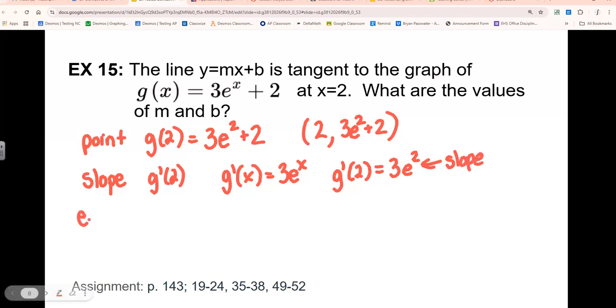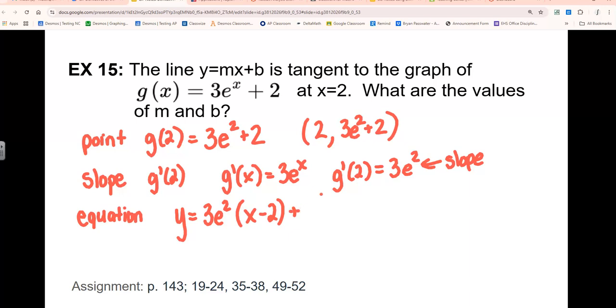So then we can write our equation. It's so ugly. I don't like it, but it is what it is. We got y equals, the slope is 3e squared times x minus 2 plus the y coordinate, which is 3e squared plus 2.